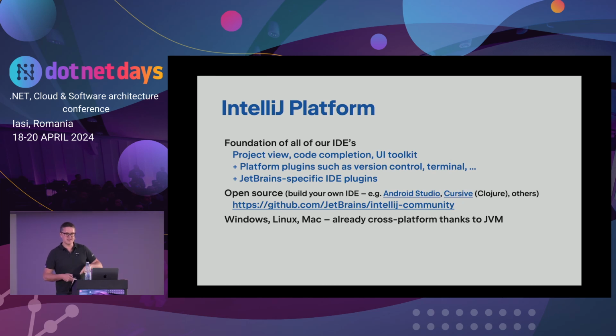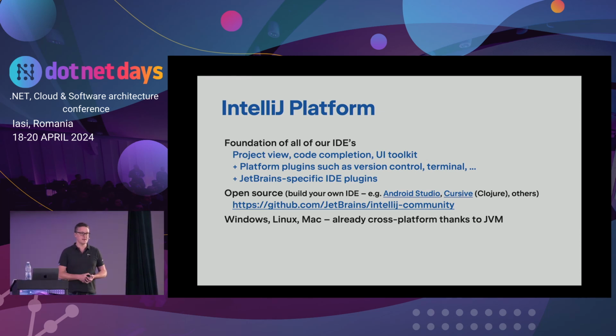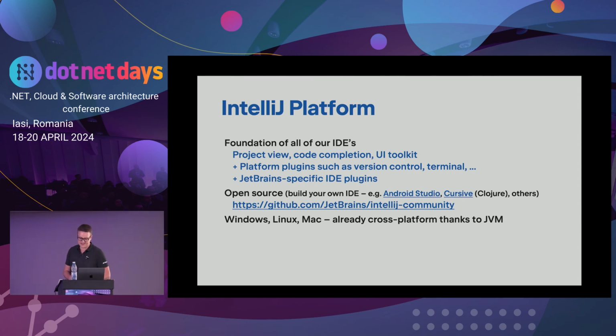Actually, Google builds Android Studio also on top of this IntelliJ platform. There's Cursive, which is a Clojure IDE that you can also use. That's also a third-party product using the same base. And we thought, OK, we already have all this. Let's see if we can reuse IntelliJ platform as the foundation of our .NET IDE. Already cross-platform, thanks to Java's write once, run anywhere approach with how things work.